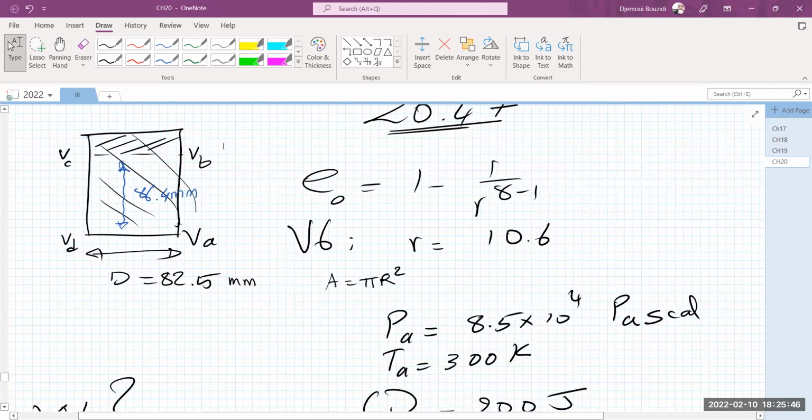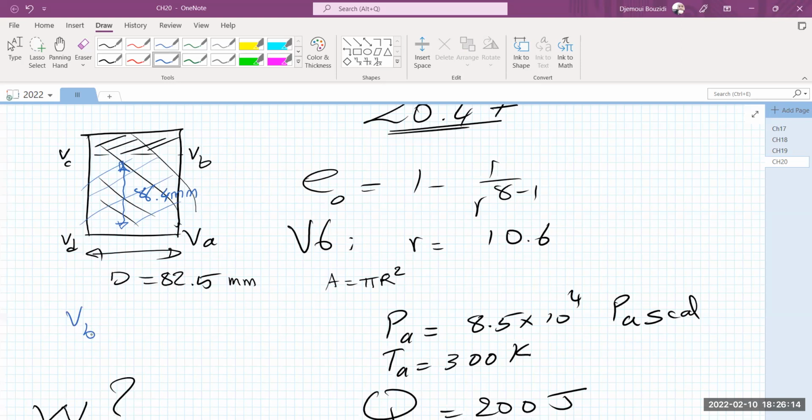We know the ratio of VA over VB. That is something we know. Do we know the entire volume, or just this volume? Let's mark it in blue. We know this volume, don't we? In blue, that is this area times the stroke. That gives us the difference between VA and VB.